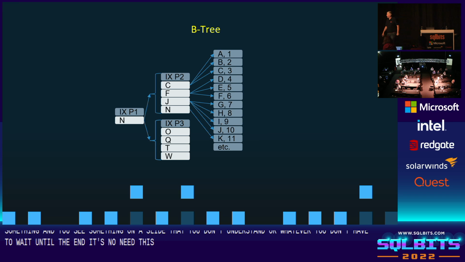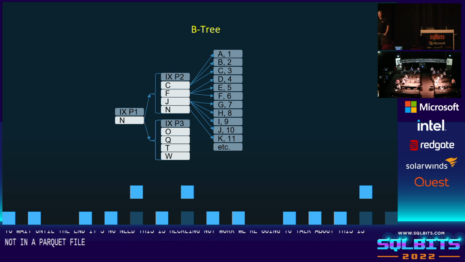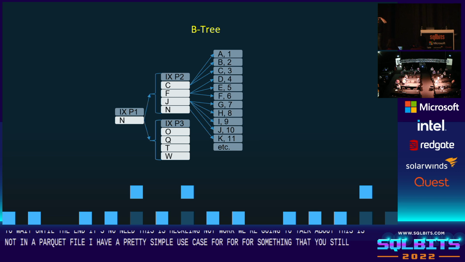This is actually not what we're going to talk about, but this is not in a Parquet file. I have a pretty simple use case for something that I used so far. This is a normal B-tree index in a normal database in a SQL server.